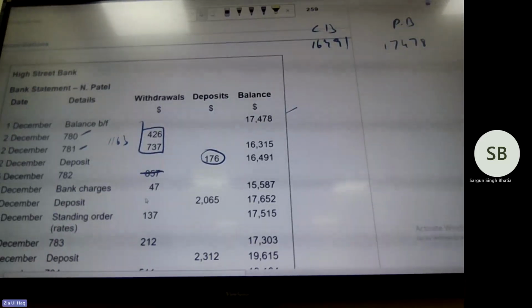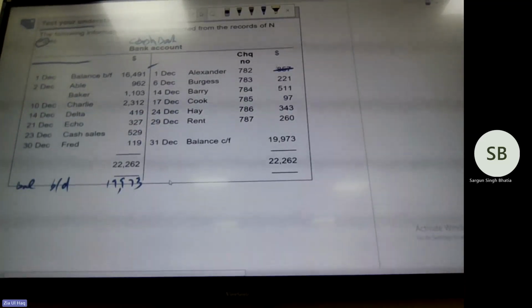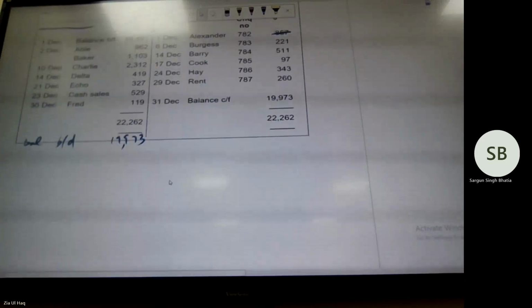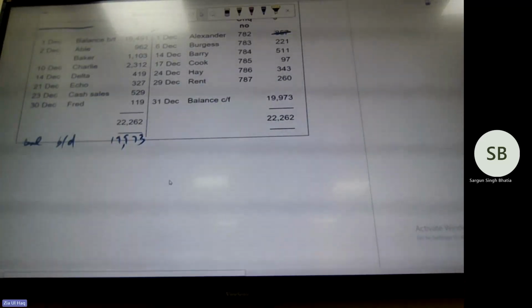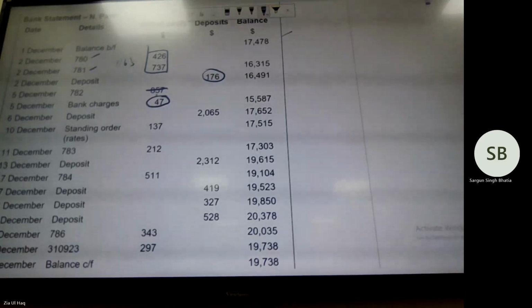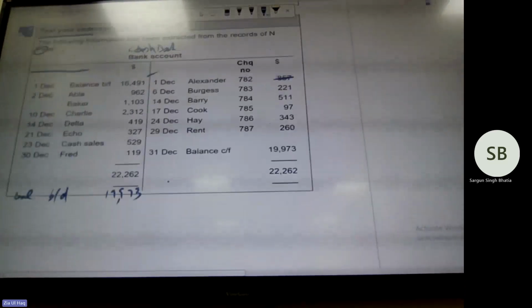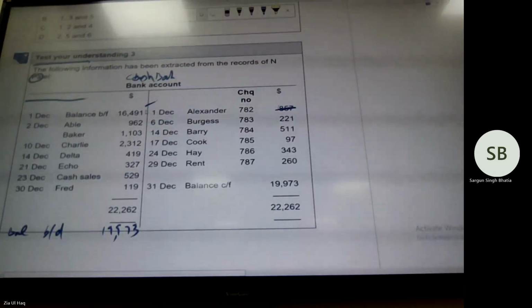Then bank charges of 47 on 5th December are not recorded in the cash book on the credit side. So this is the difference amount. Then deposit of 2065.